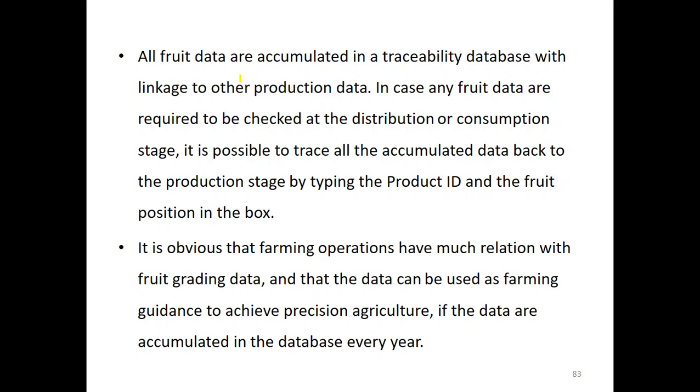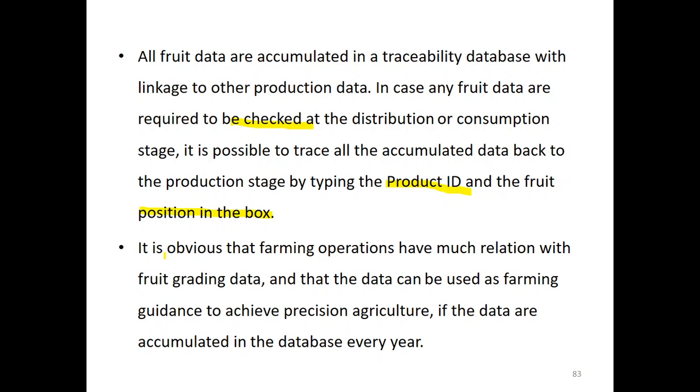All fruit data are accumulated in a traceability database with linkage to other production data. In case any fruit data need to be checked at the distribution or consumption stage, it is possible to trace all the accumulated data back to the production stage by typing the product ID and the fruit position in the box. So we can use this information to trace the whole process, including production and post-harvesting.